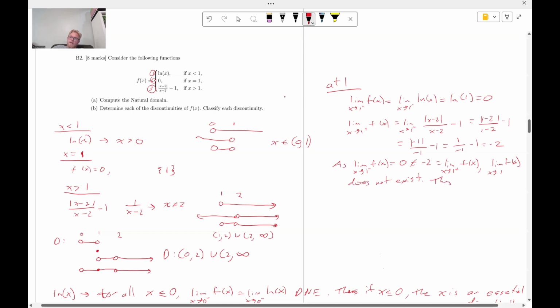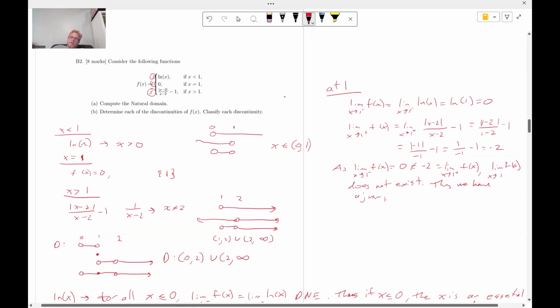Thus, we have a jump discontinuity at x equals 1. Now, at x equals 2, f of x is not defined.